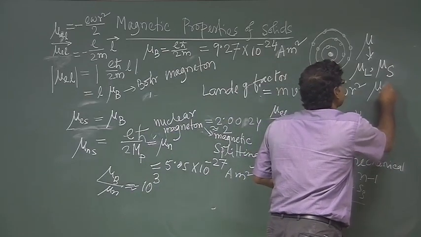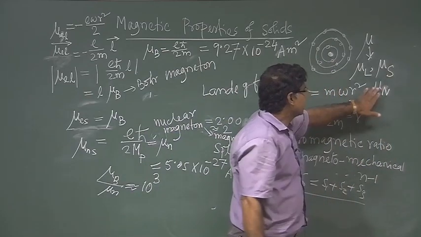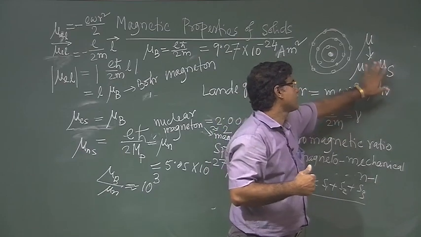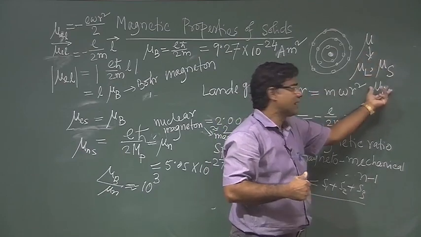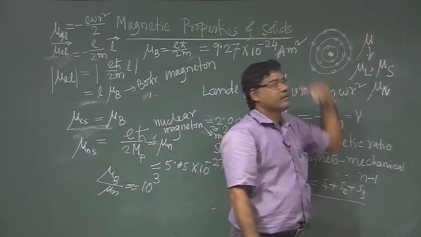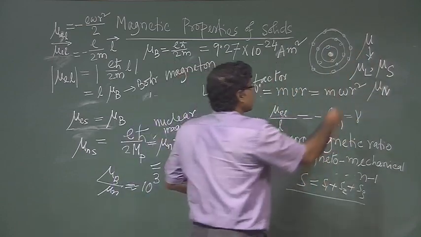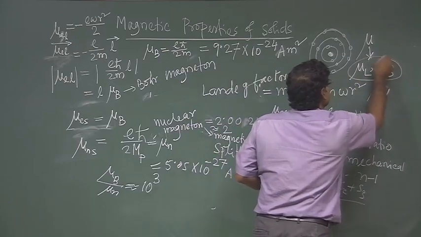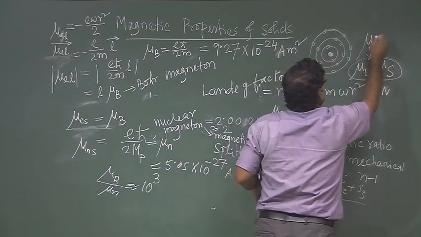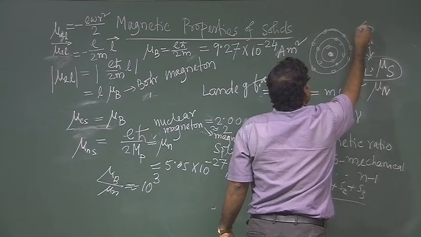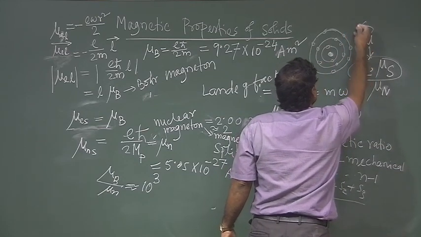But as I mentioned, this is a very small value compared to the others, so one can neglect this part. So mainly in magnetism the contribution comes from these two, and this is the magnetic moment mu of the atom.